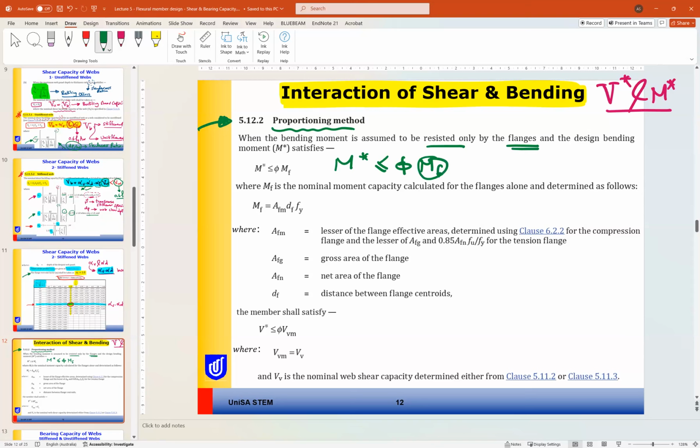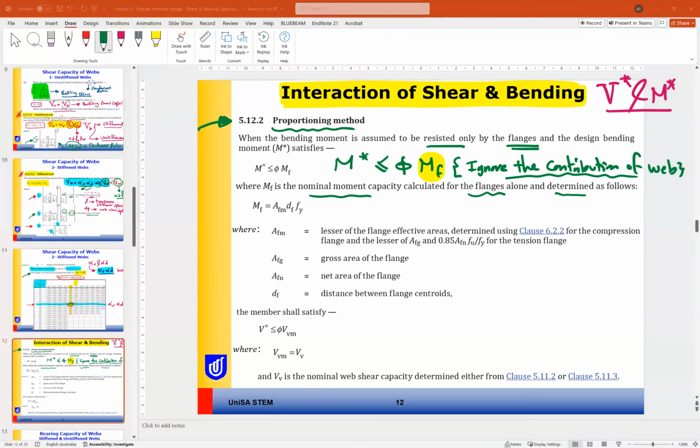Here it becomes Mf, where Mf is the moment capacity calculated for the flange alone and determined as follows. This means that in this case we are ignoring the contribution of the web in the moment, so we ignore the moment capacity that comes from the web.